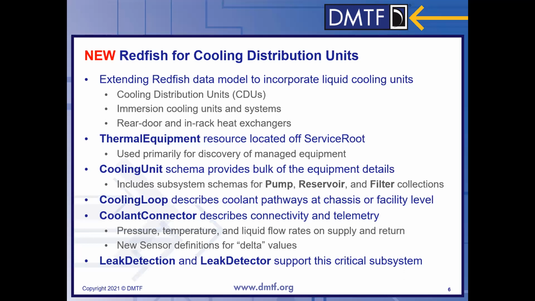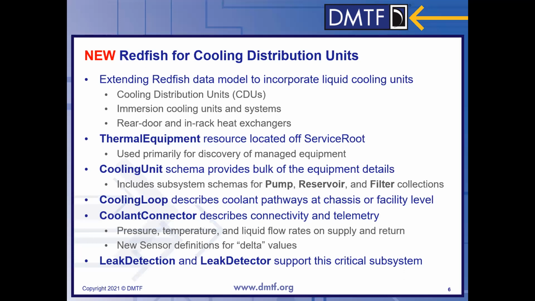The other pieces off of the cooling unit are the links to a cooling loop. The cooling loop itself describes the actual piping, or the connectivity among things in that chain. The cooling loop is probably just a software construct, because obviously most pipes don't have a web GUI attached to them.